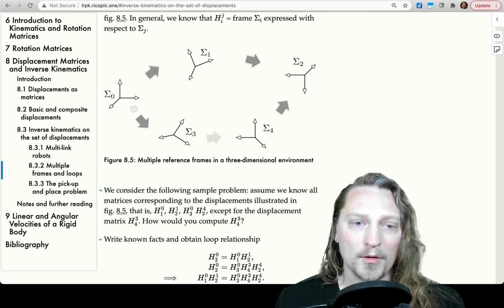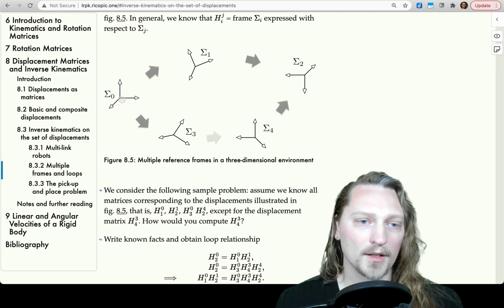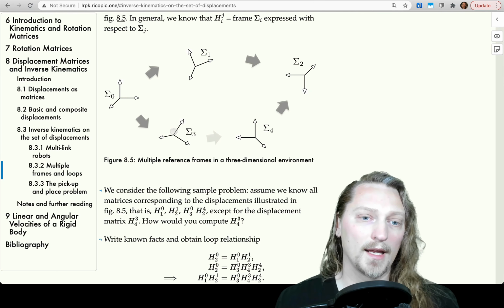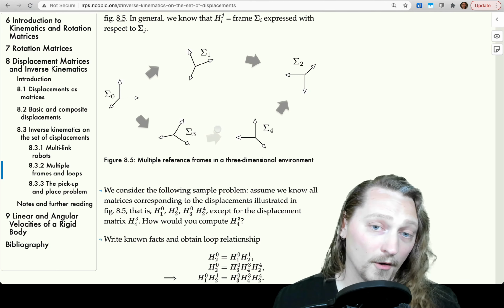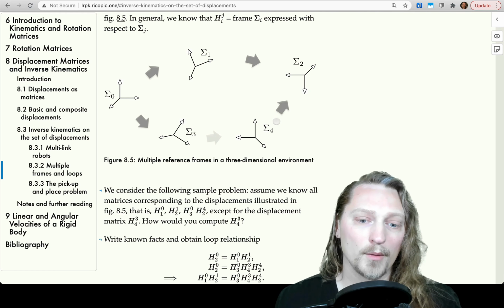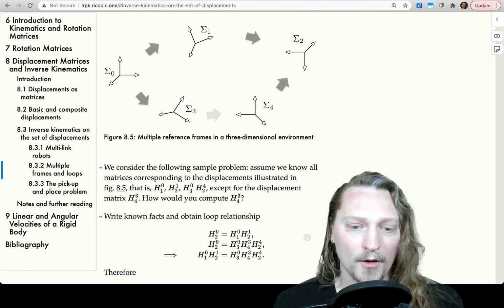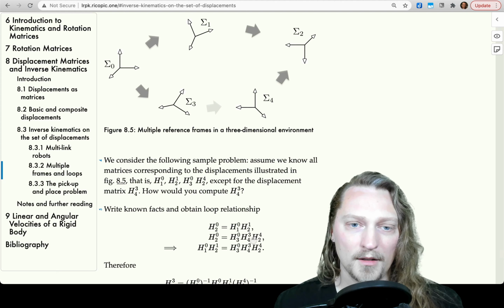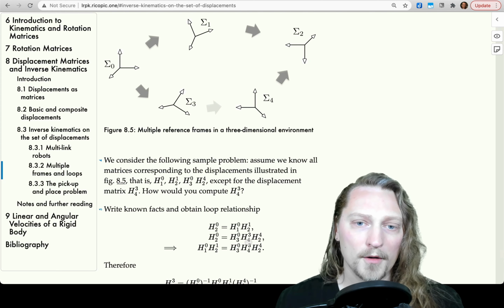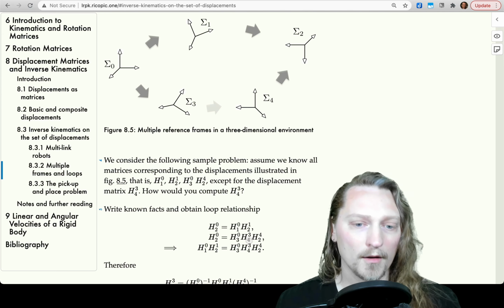Similarly, we could go the other way around. So we could go down this way, which would be H_3^0, which we know, H_4^3, which we don't know, and then H_2^4, which we know. So that's what we've got here. So H_4^3 is the one that we don't know, and we would like to solve for it.